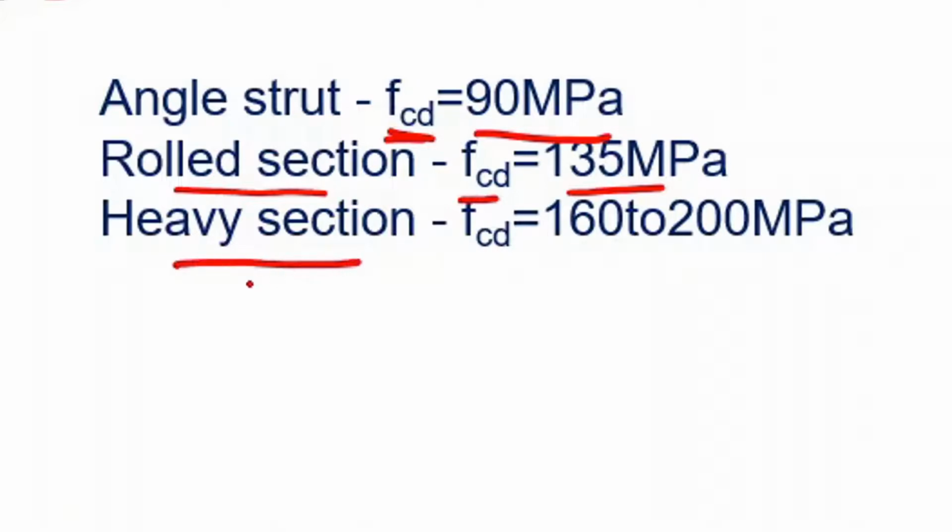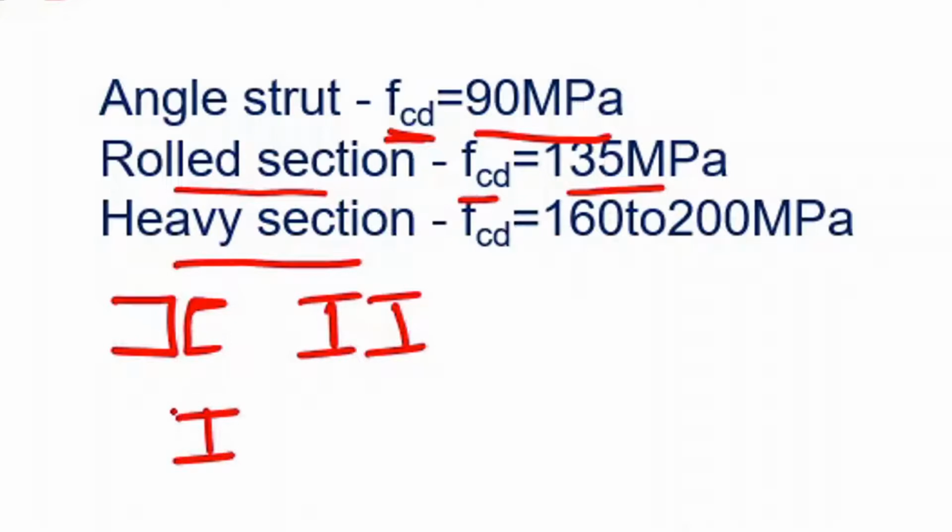For heavy sections like built-up section, channels connected back to back, built-up I section, or even I section with top and bottom plate as a whole, which is also a built-up section, design compressive stress FCD can be assumed in the range of 160 to 200 megapascal. Again, this is not a strict number. This is a thumb rule.